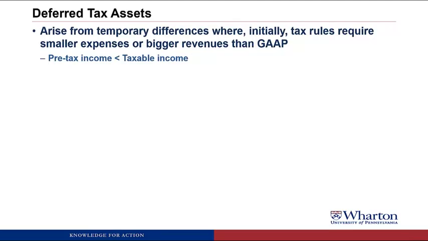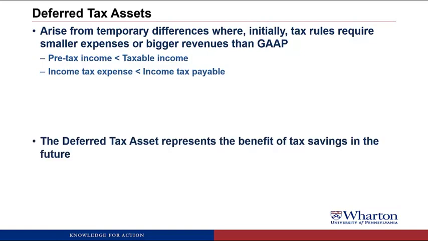If we have less pre-tax income, we must have less income tax expense, because both income numbers get multiplied by 35%, so income tax expense is less than income taxes payable. We're going to create a deferred tax asset, which represents the benefit of tax savings that we're going to get in the future.